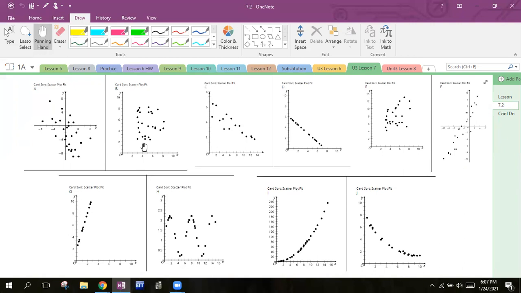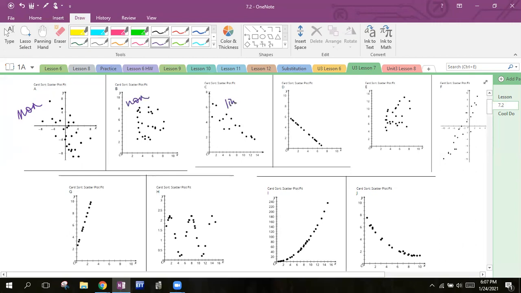Okay, so I kind of gave y'all some ideas of how you could have chosen to group your data. So one of the ways you could have done it was by data that was really clustered together in linear and data that was not. Okay, so this looks like it's non-linear. This looks pretty non-linear.